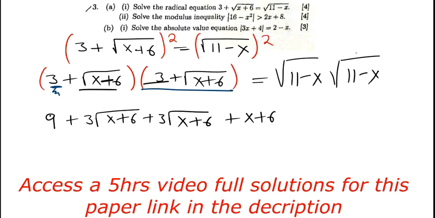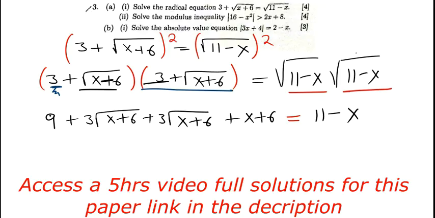On the other side the same concept applies, so the square root will disappear, so you just have 11 minus x. Do we have any like terms here?